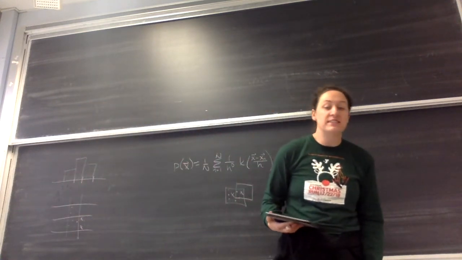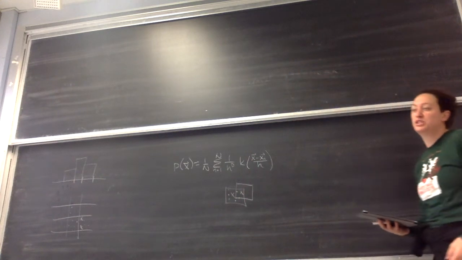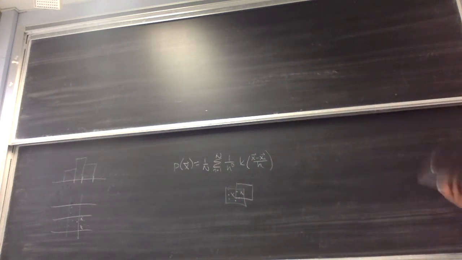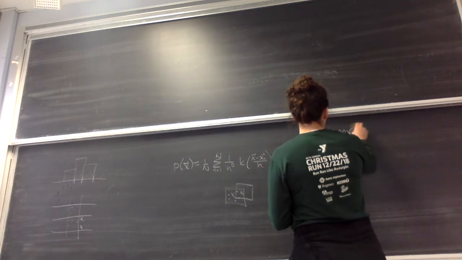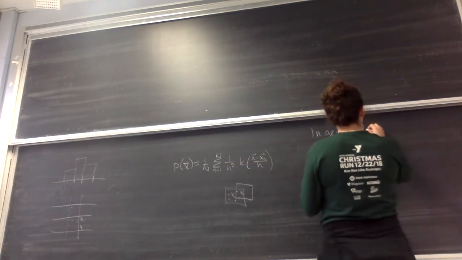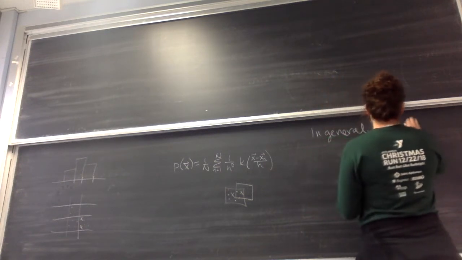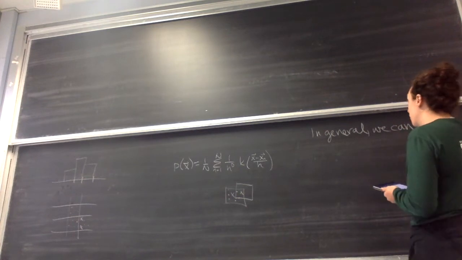Let me just briefly say, I want you to recall what we said before was that a kernel function measures some sort of a similarity. It's almost like a distance. So in general, we can use this type of an approach. And we have to use the proper normalization, and you would figure that out based on the kernel you chose.